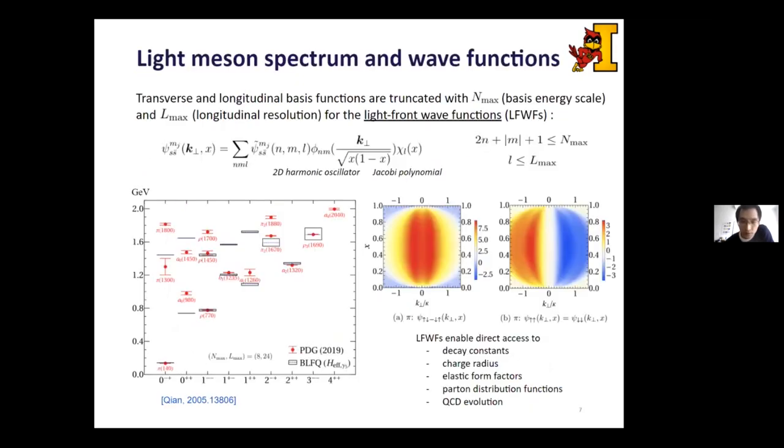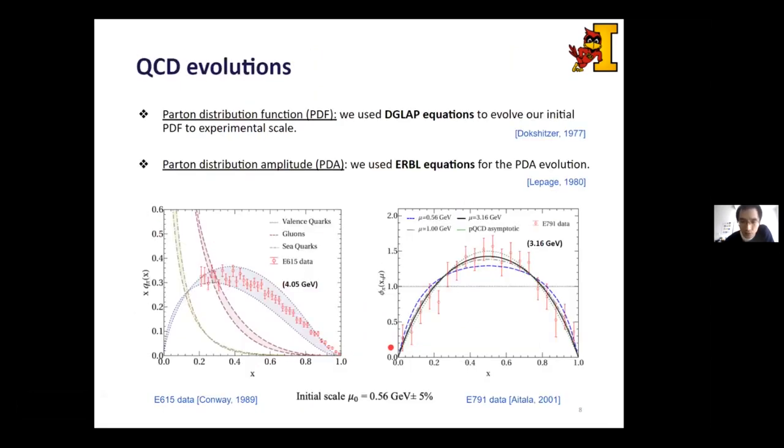For my result, I compute the parton distribution function at this cutoff, which is around 0.5 GeV, and then I evolve that using, I think, the next-to-next-to-leading order DGLAP equations to obtain this distribution. Hopefully that answers your question. Yeah, sort of. Okay.